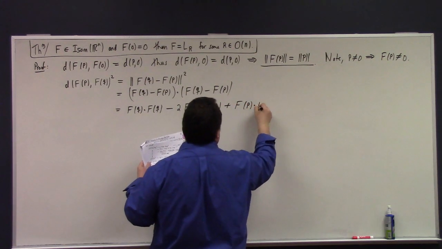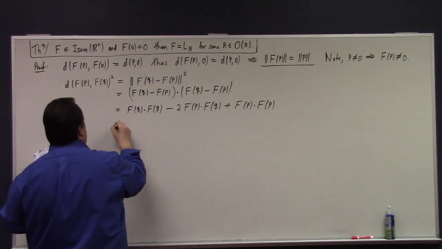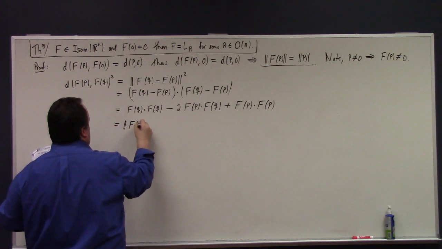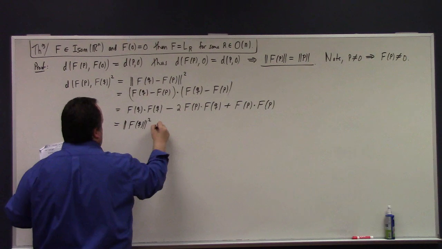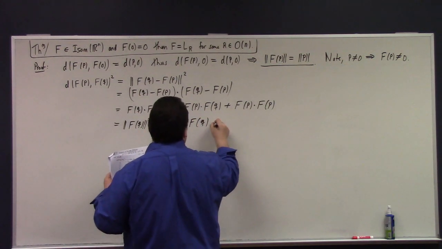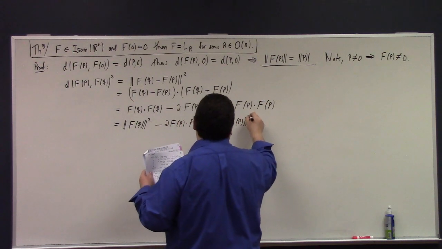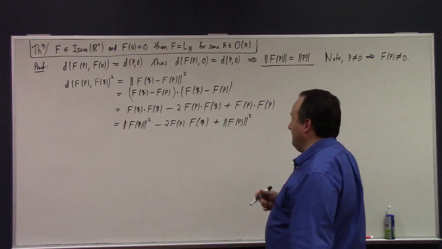What is f of p dot f of p? What is f of q dot f of q? So that's the norm of f of q squared minus twice f of p dot f of q plus the norm of f of p squared, right?